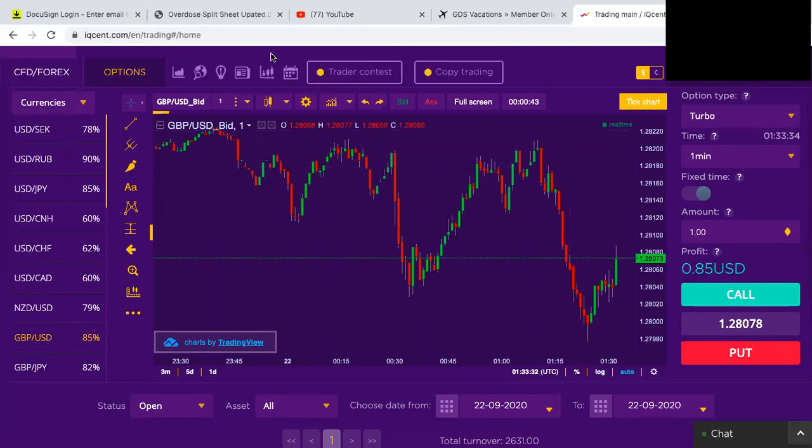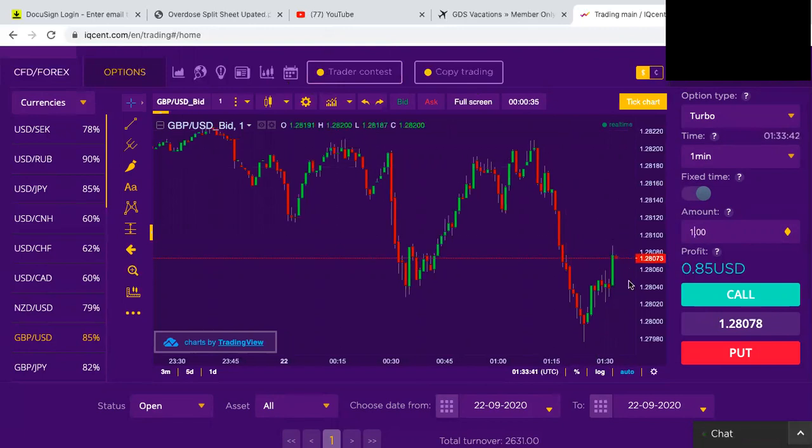Again, I'm trading a sequence of 1, 4, 8. If I miss the trade on $8, I just keep doubling up until I actually win the trade. For the candles, whenever the previous trade time runs out, whatever color it is, that is the direction I'm going to take the trade.